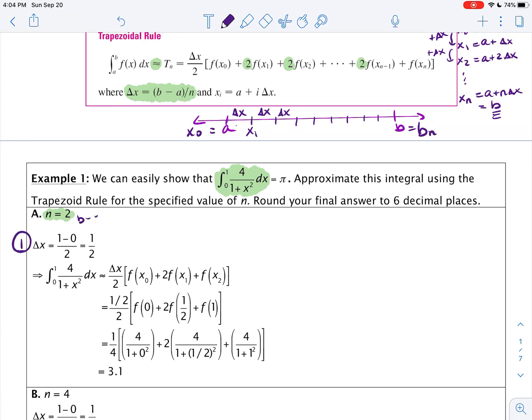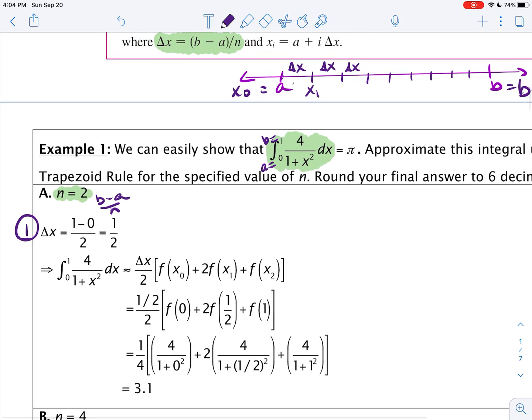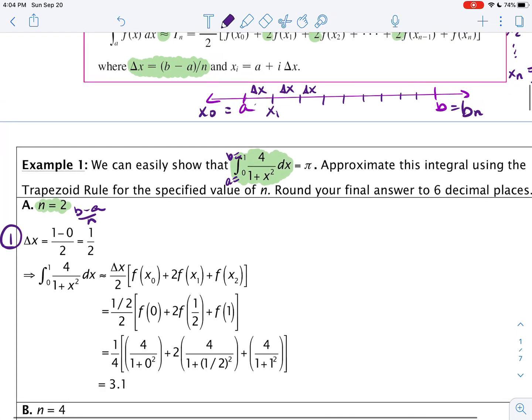Our first step is to calculate delta x. So delta x is (b minus a) over n, and we know that a here is going to be 0, and b here is going to be 1. So our (b minus a) over n is going to be (1 minus 0) over 2, or 1/2. The second step will be to calculate your x sub i's.